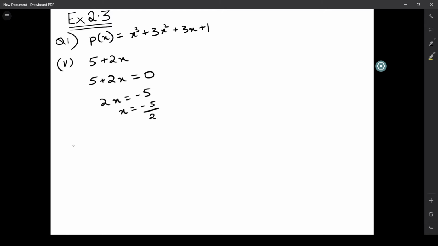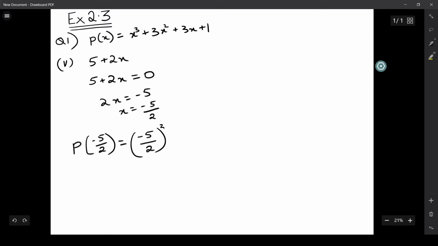Now, according to the remainder theorem, in order to get the remainder, I will replace x with minus 5 by 2 in the polynomial, which gives me minus 5 by 2 whole cube plus 3 into minus 5 by 2 whole square plus 3 into minus 5 by 2 plus 1.